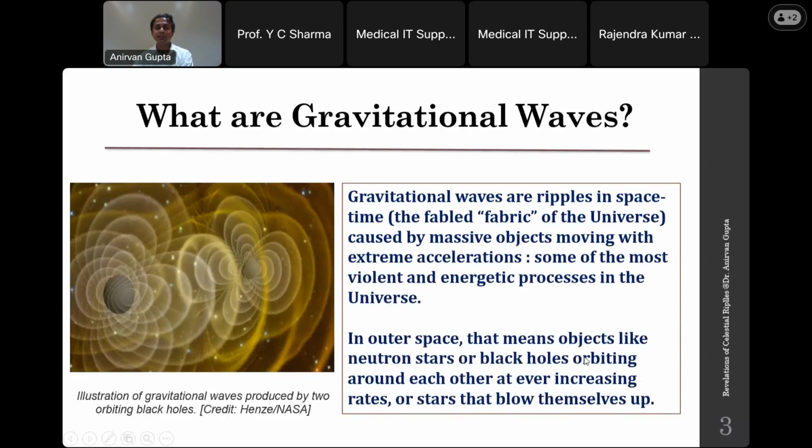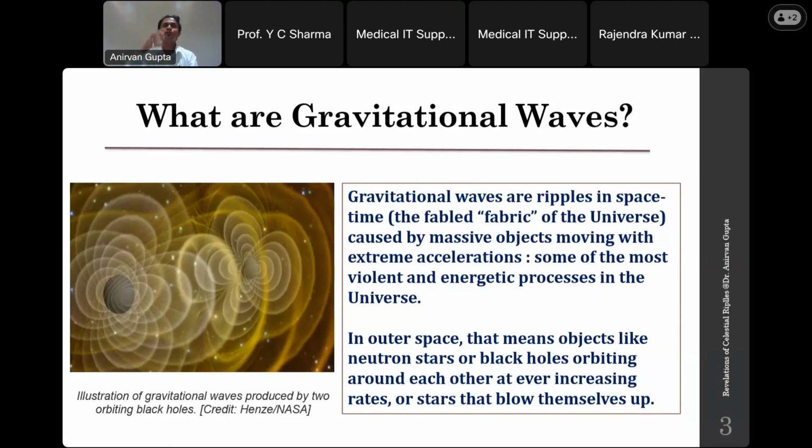So what are gravitational waves? Gravitational waves are ripples in space-time, in general the fabric of the universe, caused by massive objects moving with extreme accelerations. These are some of the most violent and energetic processes happening in the universe around us.